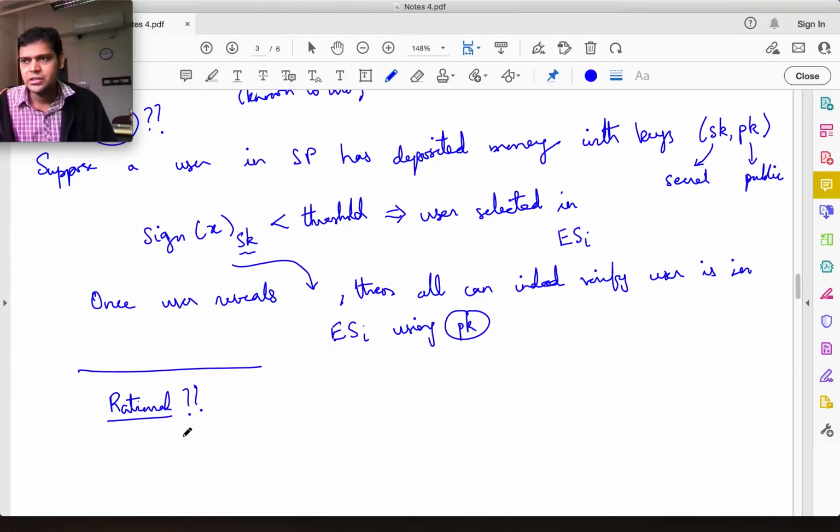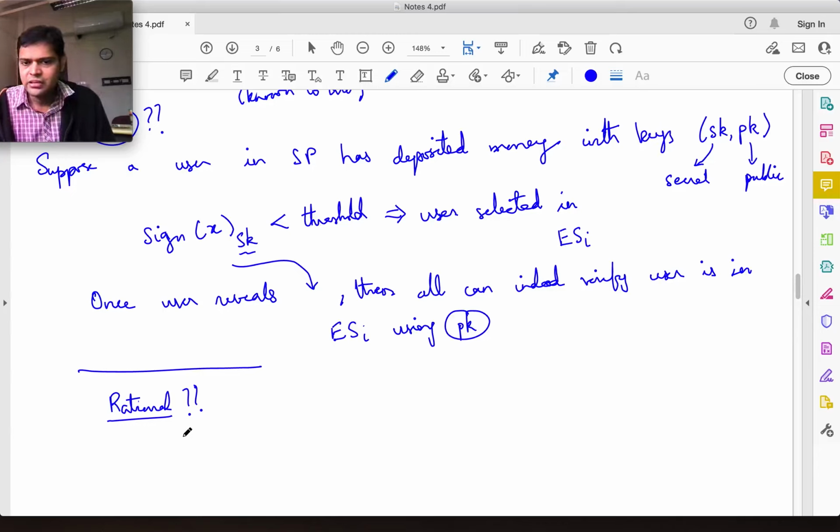If a rational node is one who is going to maximize his profit, somebody can always offer a large enough bribe and get them to behave in a Byzantine manner. So we'll have to put some restrictions. We'll have to disallow arbitrarily large bribes, or at least have a mechanism to deter such bribe attacks.